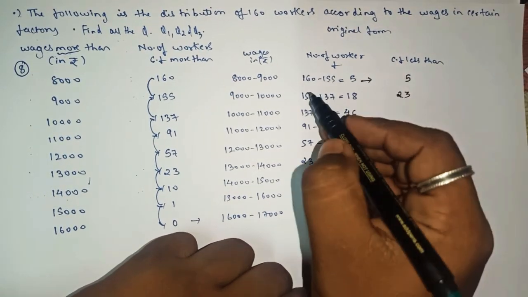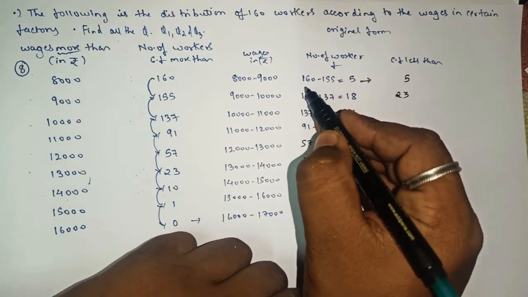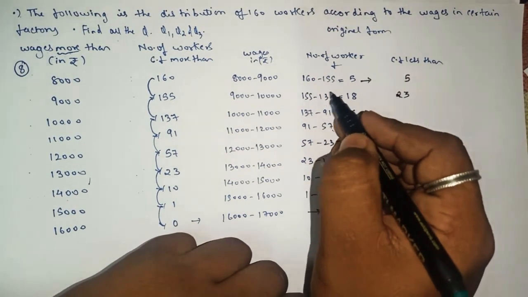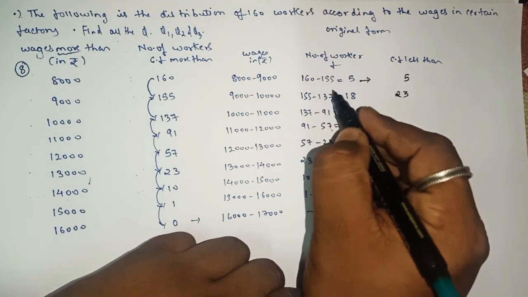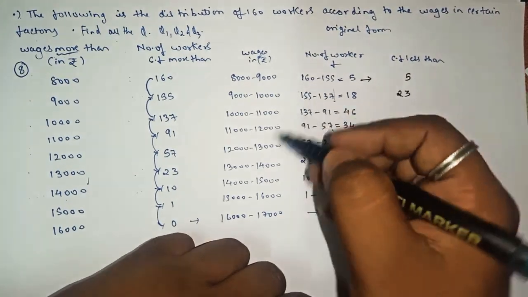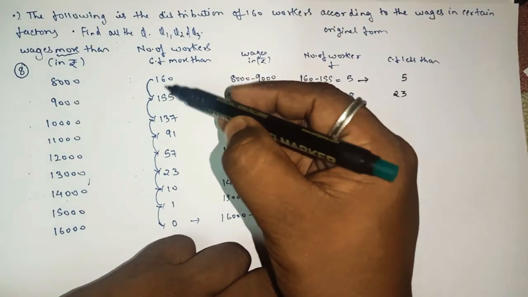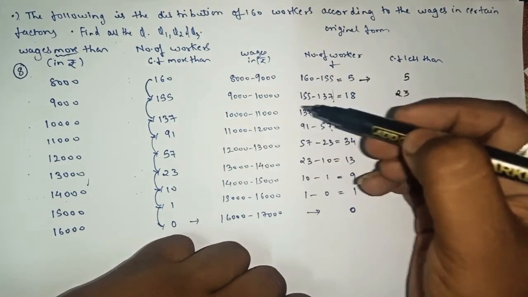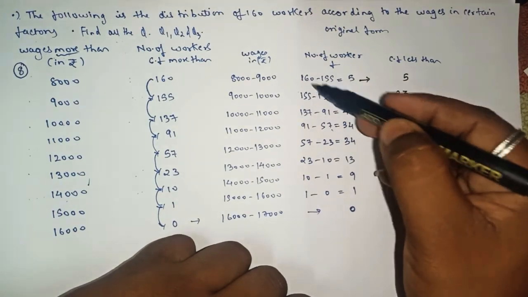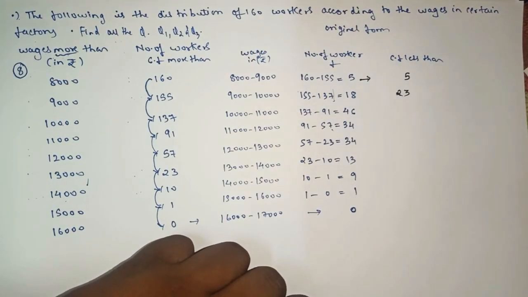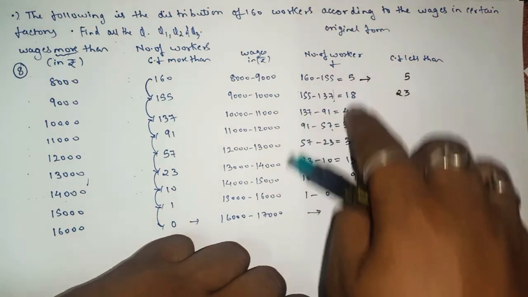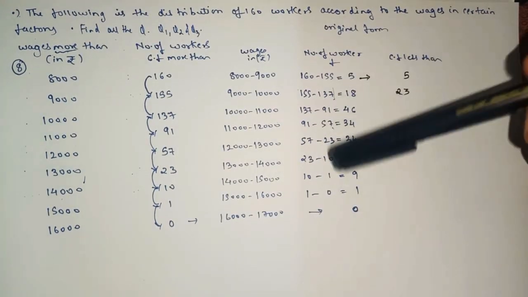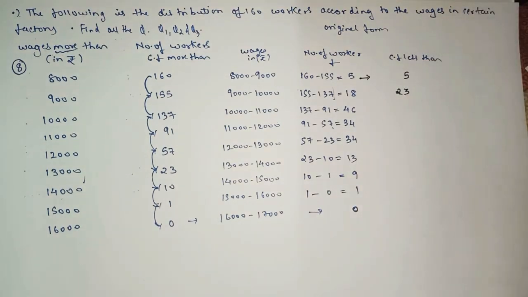And if you don't write the steps 160 minus 155, 155 minus 137, it is not compulsory to show these steps. Without doing this also you can write the answer directly, like 160 minus 155 you can write directly 5, 155 minus 137 you can write directly 18. In the exam you can subtract in your mind and go on writing the answer.